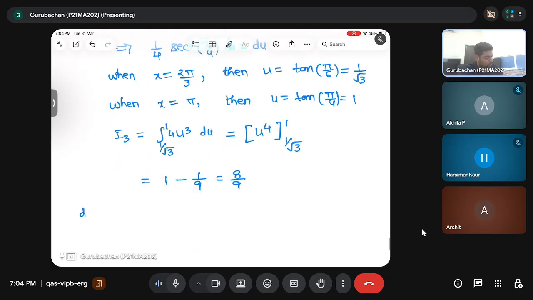Now the last one. Now you tell me what is the answer of this one. A similar kind of question has been done in the class. So tell me, what is its answer?